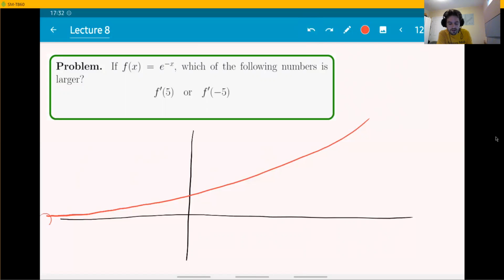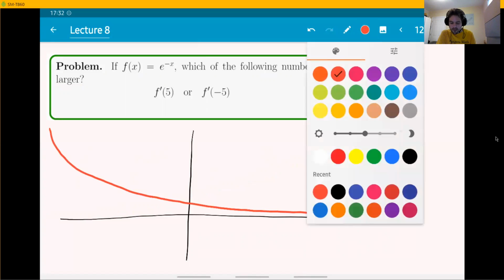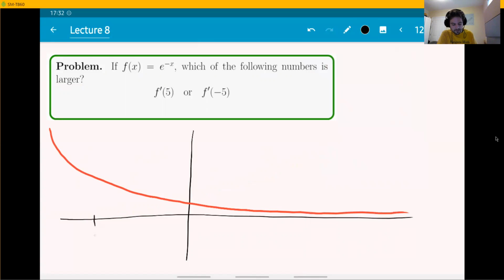Because it's e to the minus x, though, what happens when you take a function and multiply its variable by -1, you're going to be flipping the function around the y-axis. So this is e to the minus x. That's the actual graph.